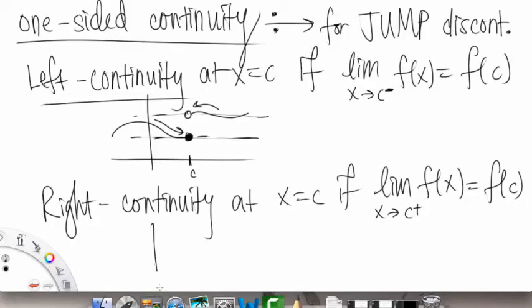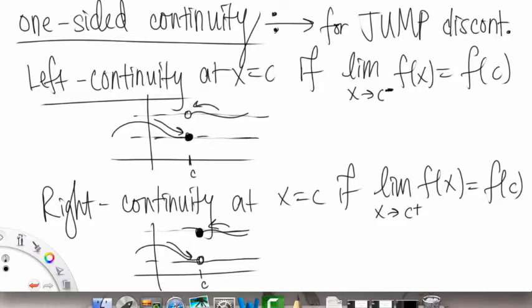I'll draw the same thing, but this time the point f of c moved to the top. See how from the right side we have our limit up here, from the left side our limit goes somewhere down there, and the point itself at c agrees with the right-hand side limit. Both of these are jumps.